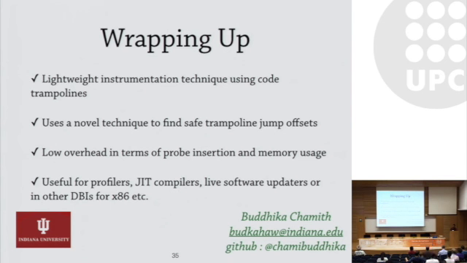Hi. It looks like there's a somewhat obvious comparison which was not really discussed here, which is with a more traditional DBT system where all code is relocated to a code cache. In particular, in terms of insertion costs, that is generally way cheaper, maybe on the order of thousands of cycles, not millions of cycles. I'm afraid I didn't get your question.